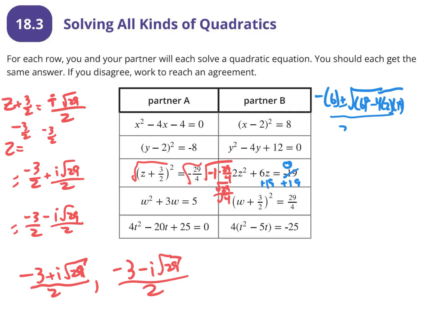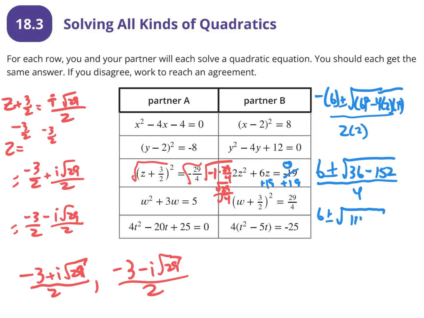All over 2 times 2. All right, so I get 6 plus or minus the square root of 36, which is 6 squared, minus 4 times 2 is 8 times 19 is 152, all over 4. We get 6 plus or minus 116 over 4.